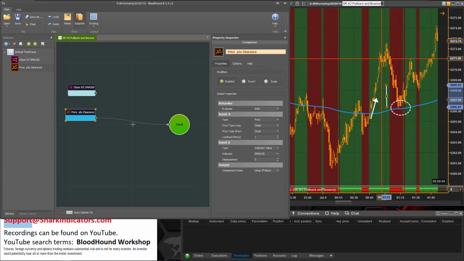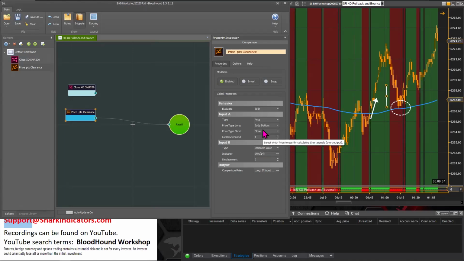Or maybe even the close of the bar, which is on the other side of the bar there? So you have to figure out exactly what price point of that bar you want to use here. And actually, I'm going to use something a little unique here. I'm going to use the body bottom.